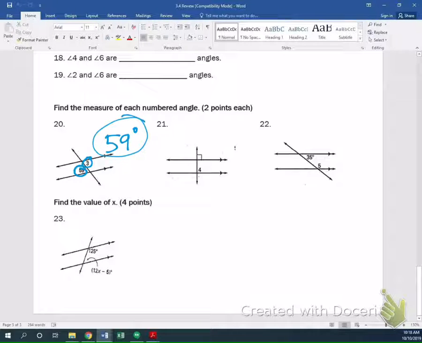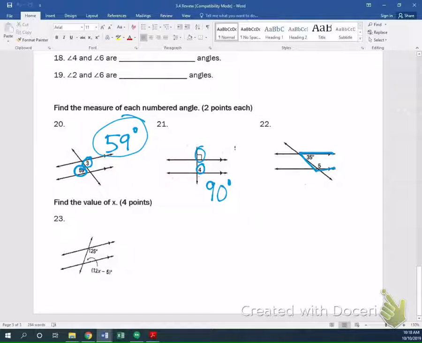On 21 it's 90 because these are corresponding. Now, don't think that this is a 4-degree angle or this is a 3-degree angle and start adding some crazy stuff. Someone does that every year. The ones without the degree symbol, that's just how I'm showing you what angle I want you to find. So the 4 could be called an X or a Y or a question mark. It's all the same thing, okay? The one that's important is the one with the degree symbol.